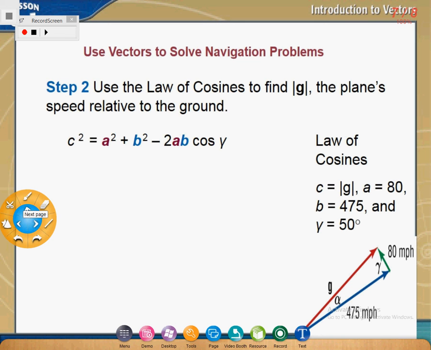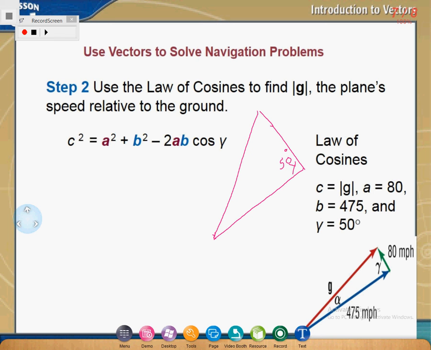This is my graph now. Again, I wanted to make it bigger so you will see everything. This is the angle, which we found is 50 degrees. This is the first vector with magnitude 475, and this is 80.